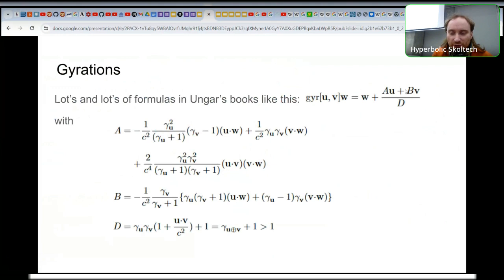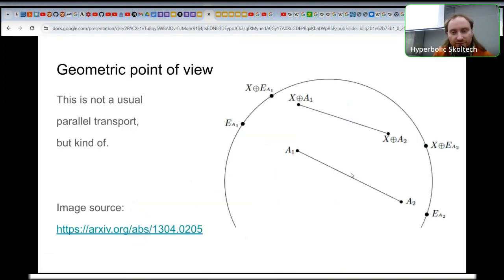Well, this looks like the formula from before, but probably A, B, and D are different. So you can take such kind of things. So for Einstein relativistic theory, the gyrator operator will look like this. Okay.